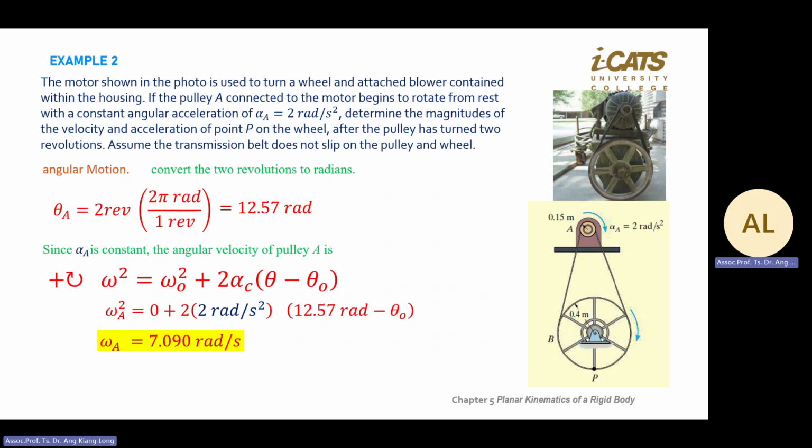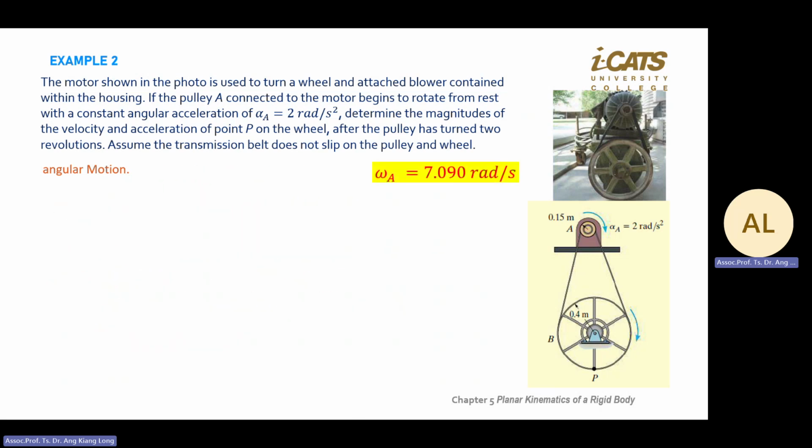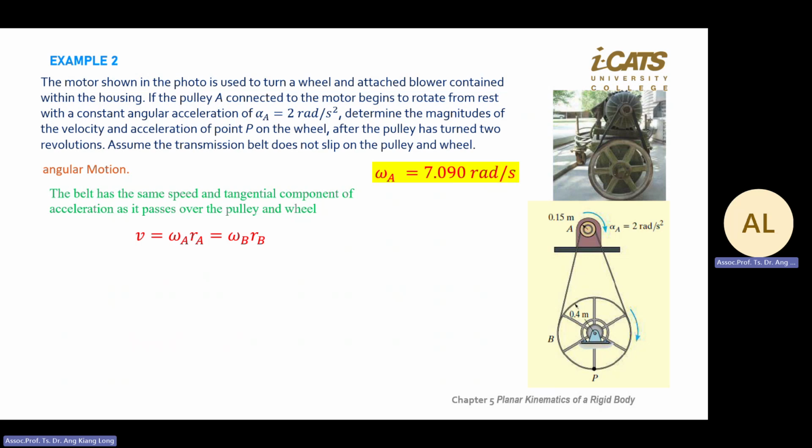So just application of the angular motion equation. And direction is important. This one is clockwise positive, following the diagram. Positive. So you know that the velocity of the belt is the same. A, you move at a certain speed, it will translate to belt B, the same speed, velocity. So velocity is the same.